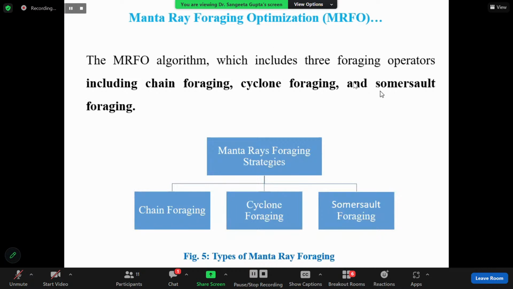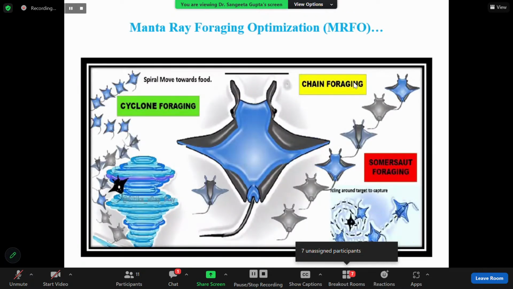In the Manta Ray algorithm, the foraging behavior is divided into 3 parts: chain foraging, cyclone foraging, and somersault foraging. As you can see in this figure, the chain foraging, this one. So in chain foraging, more than 50 Manta Rays line up one behind another to find the best optimal solution.